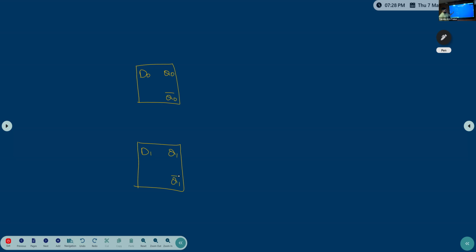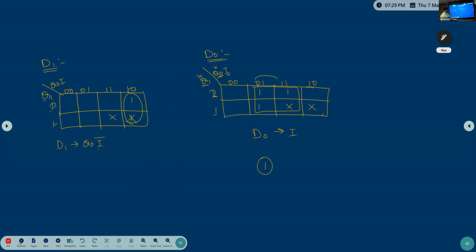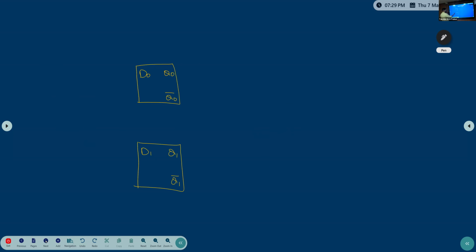They can represent flops side by side also. Any connection should be correct. So now, what is happening? D1 I need to connect to Q0 I bar. D0 I need to connect to I, connected directly. Here D1 I need to connect I bar, Q0. Q0 means this one only, right?